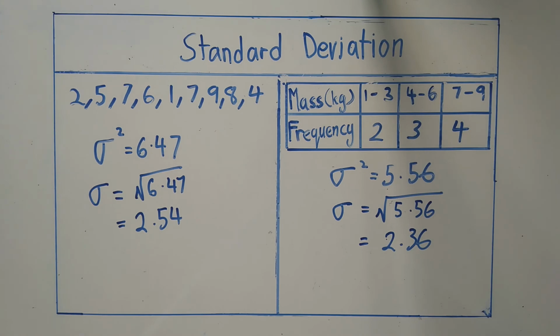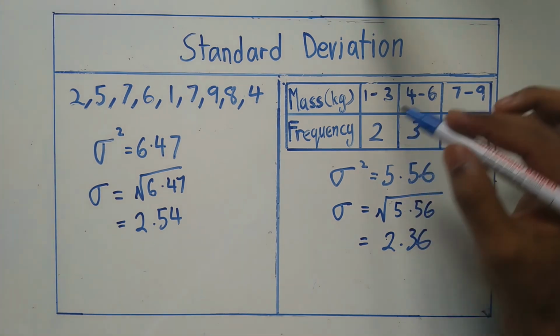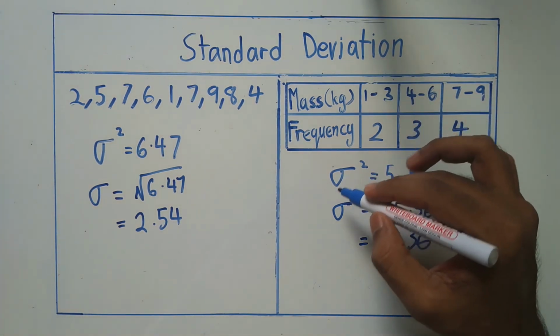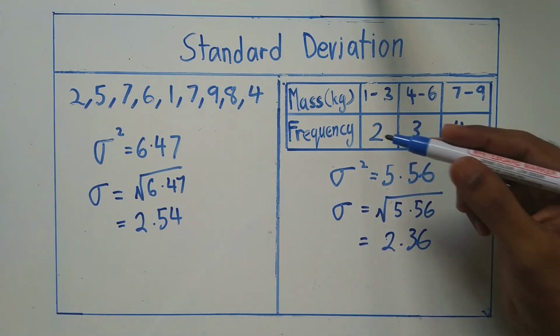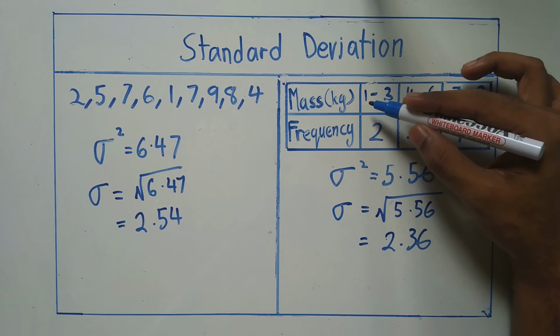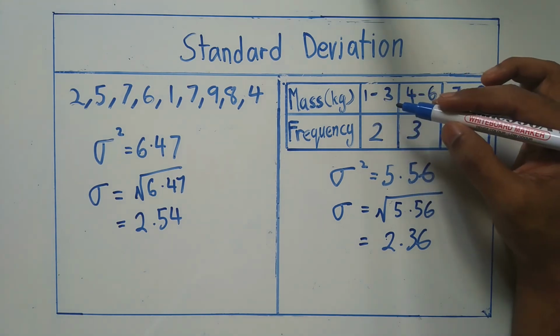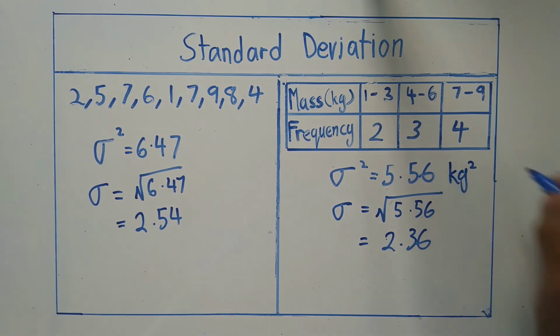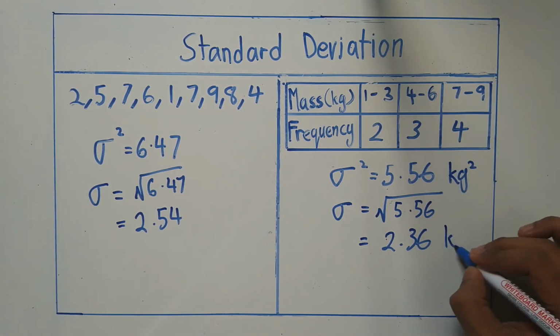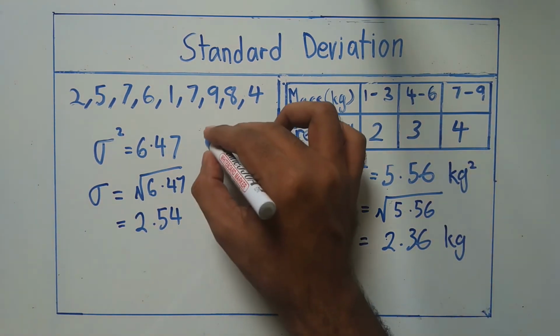The only difference is the units. Variance is the square of the required units. In this case, the unit in question is kg. Variance will be kg squared, and standard deviation will be kg. Same thing goes over here.